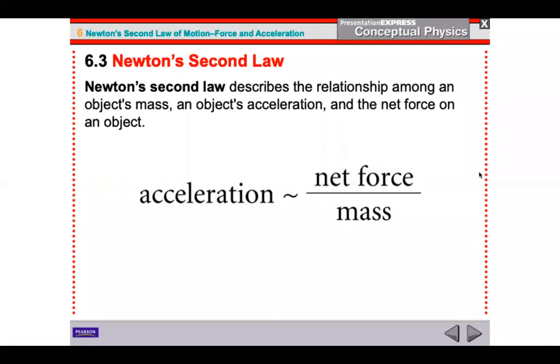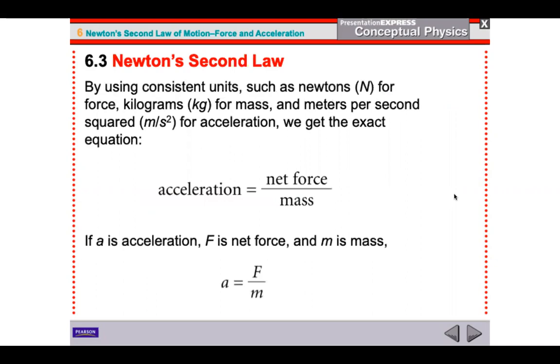So what we basically see here is that acceleration is produced by a net force, but it depends on the mass. So it's related to both of these. If we want an equation for Newton's second law, sometimes people call it F equals ma. But on your equation sheet, you're going to see it as a depends on the net force and the mass.